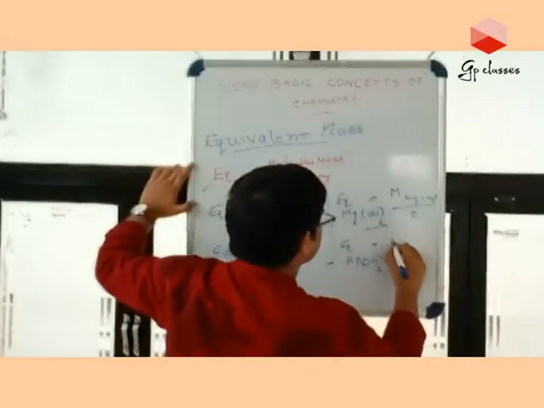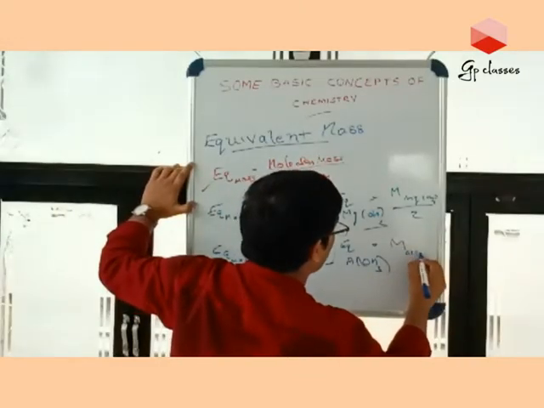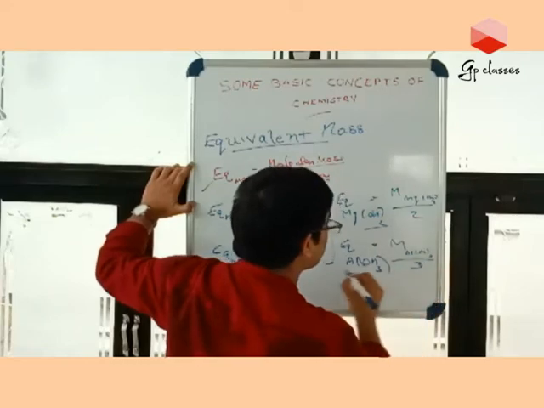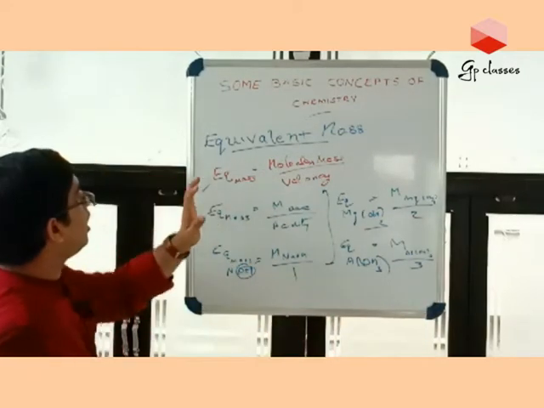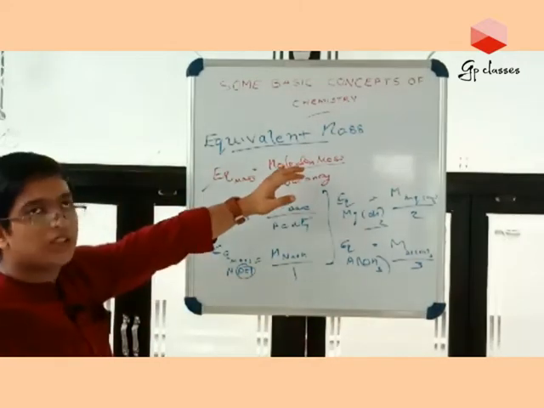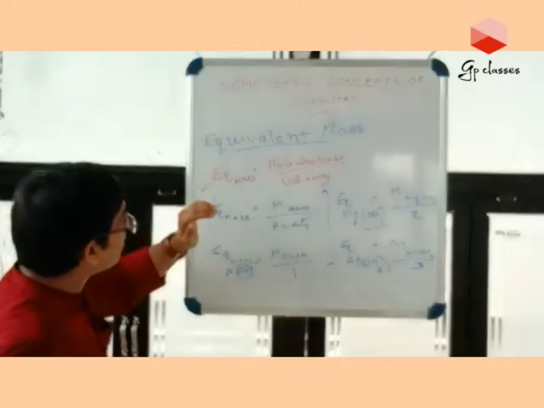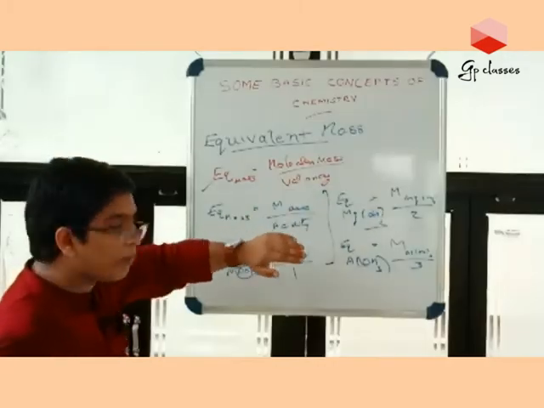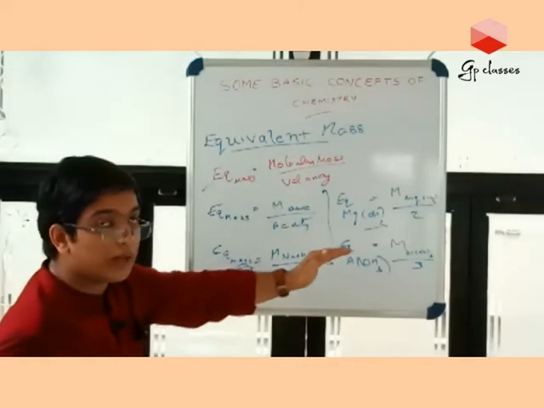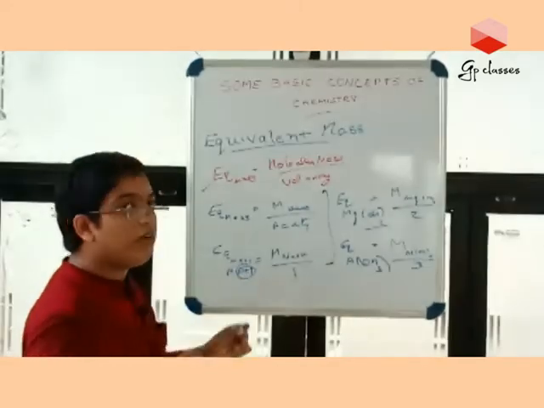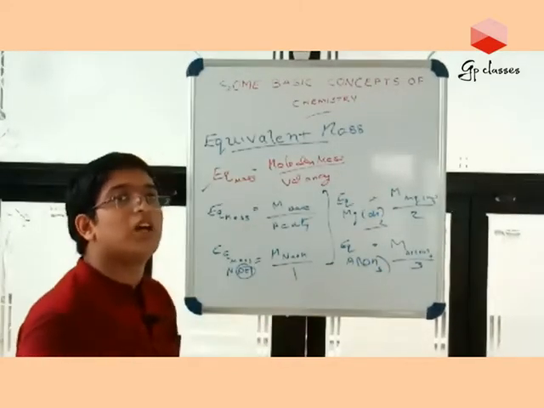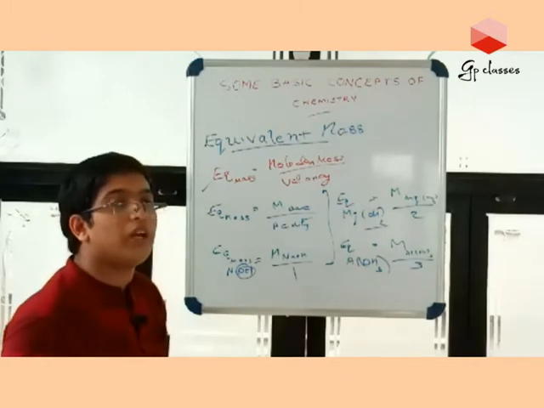Mass of aluminum hydroxide divided by 3. So the equivalent mass is basically the molecular mass by valency, or molecular mass by basicity or molecular mass by acidity.